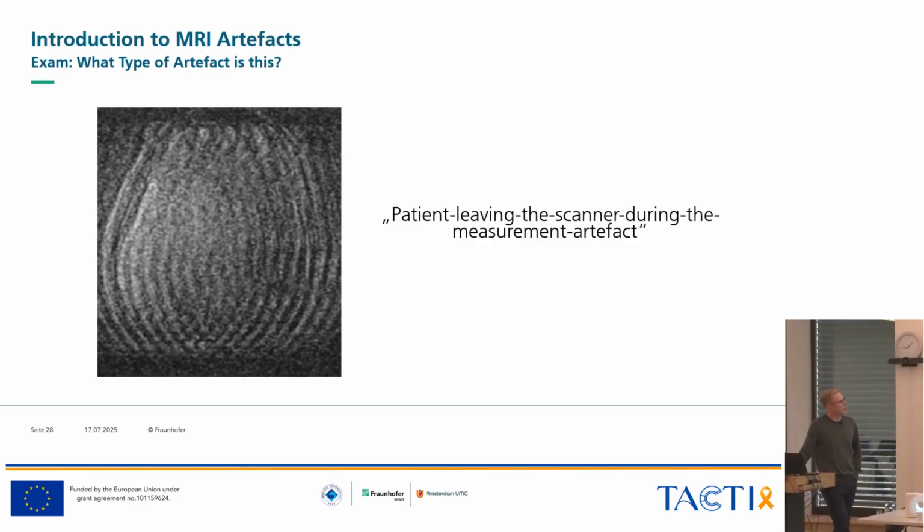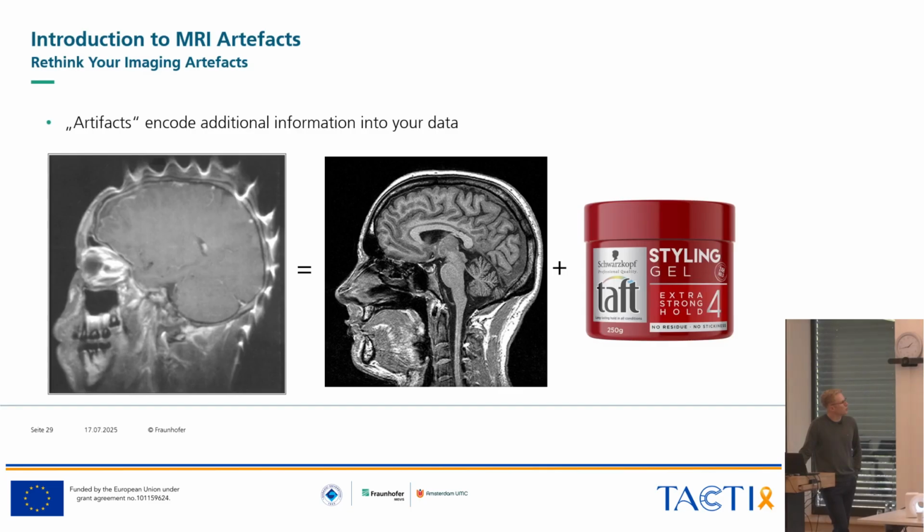The last thing I want to mention is again related to this hair gel thing which we saw before, to maybe introduce a somewhat better understanding of the artifacts which we usually have. Usually we consider artifacts as something which is a problem, and we want to correct for that or get rid of that.